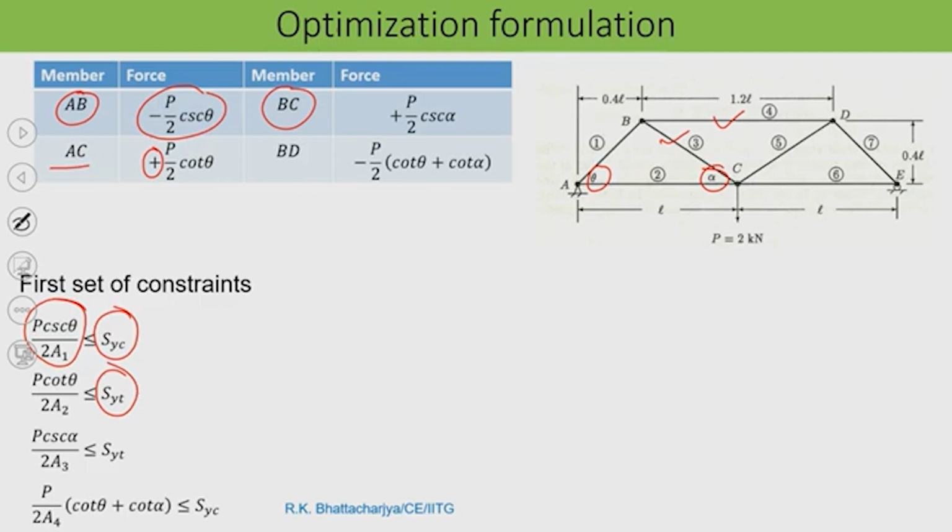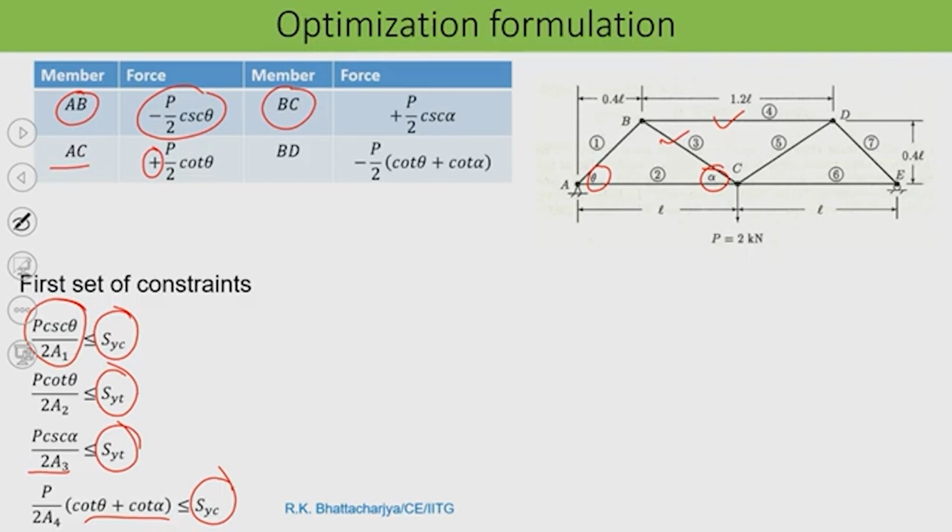Similarly, for the member BC, P cosec alpha by twice A3 should be less than SYT, that is in tension, and for the member BD, P by twice A4 within bracket cot theta plus cot alpha should be less than the permissible compressive stress of the material.